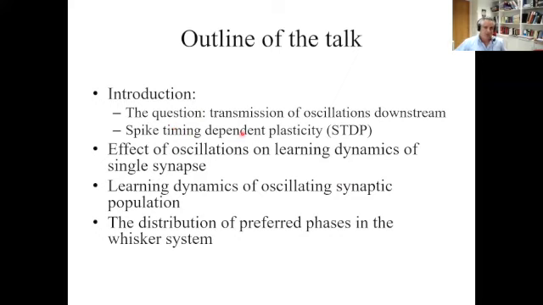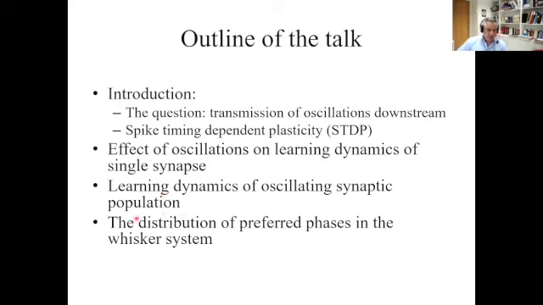address this problem. We will analyze the issue of transmitting rhythmic activity in two stages. First, we'll look at the most basic toy model of STDP dynamics of a single feed-forward synapse, and then we'll extend the analysis to study STDP dynamics of a population of synapses in a feed-forward architecture downstream, and their contribution to the transfer of rhythmic activity.